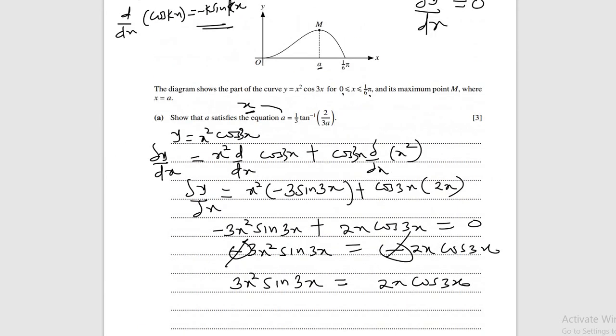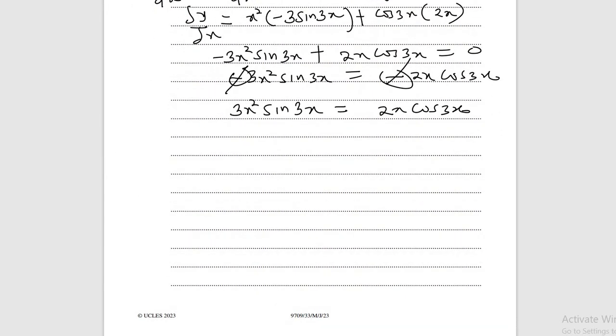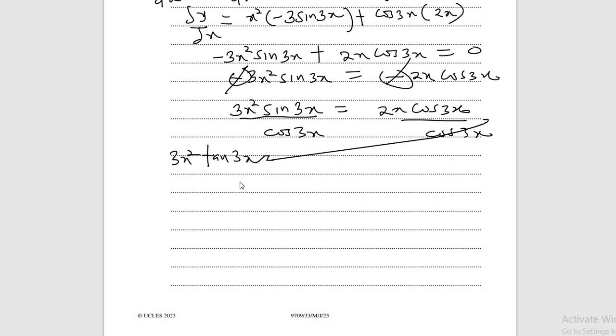Since what we have to prove has tan, how can we get tan in this place? You can only get tan when you divide both sides by cos 3x. So it gives us 3x squared, sin over cos is tan, so tan 3x, equals, cos 3x cancels cos 3x, 2x.